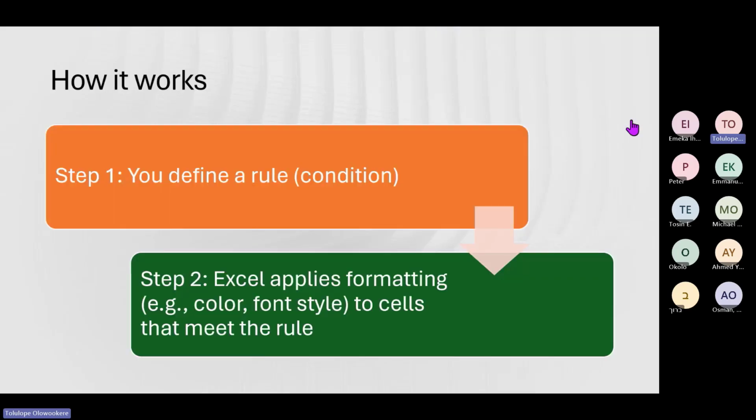How it works is very easy and straightforward. The first thing you need to do is define your rule. Rule in this case may just mean condition, and then you apply the formatting. As easy as it seems, it may be a bit technical once you start working with formulas and the rest.